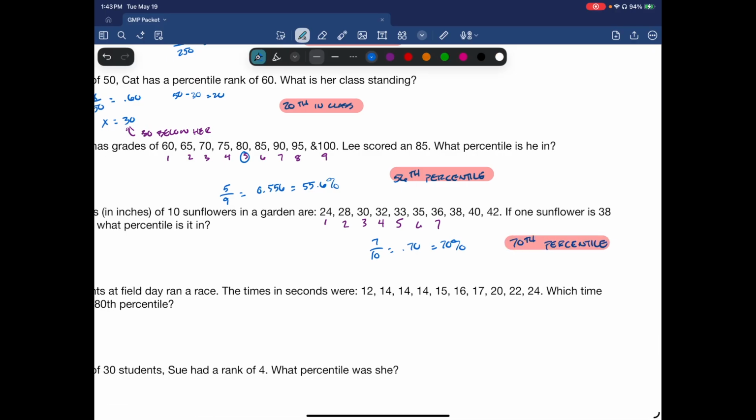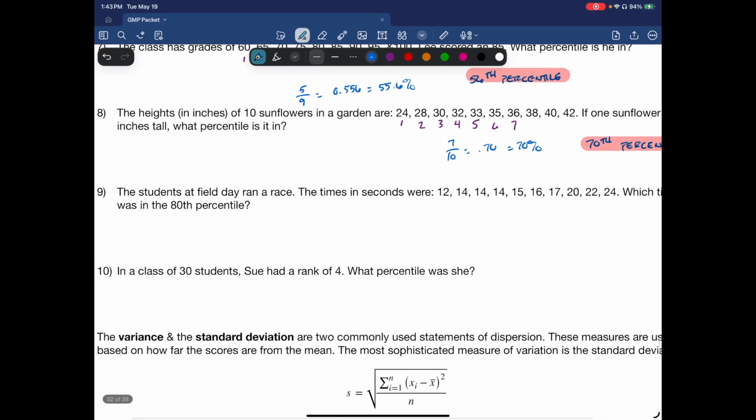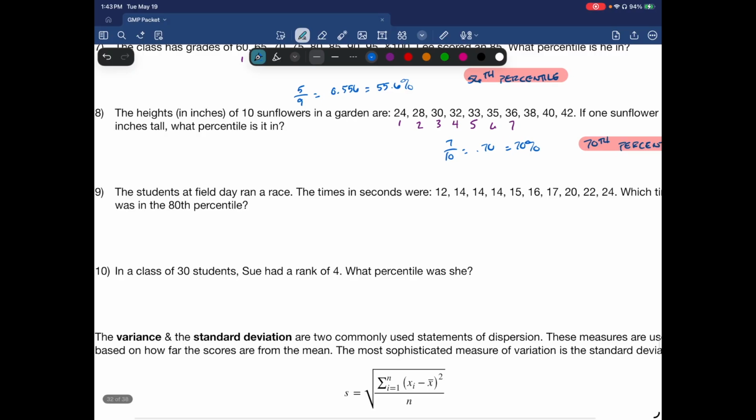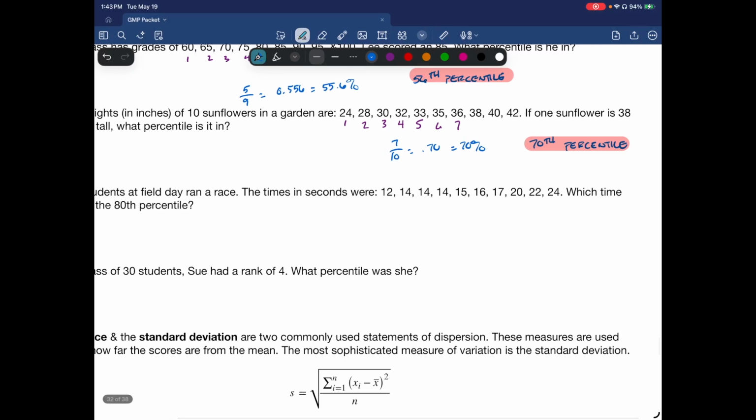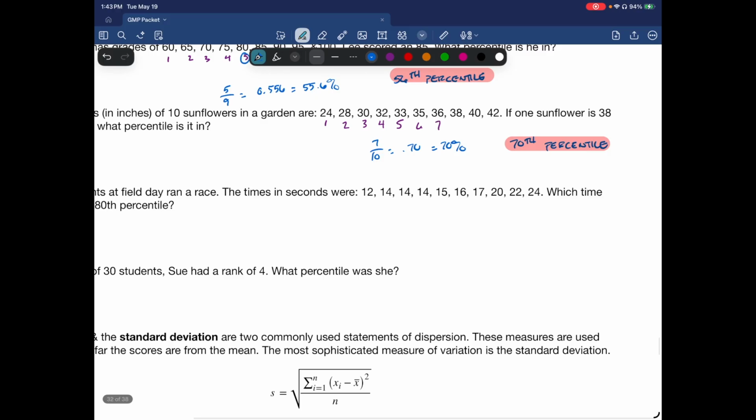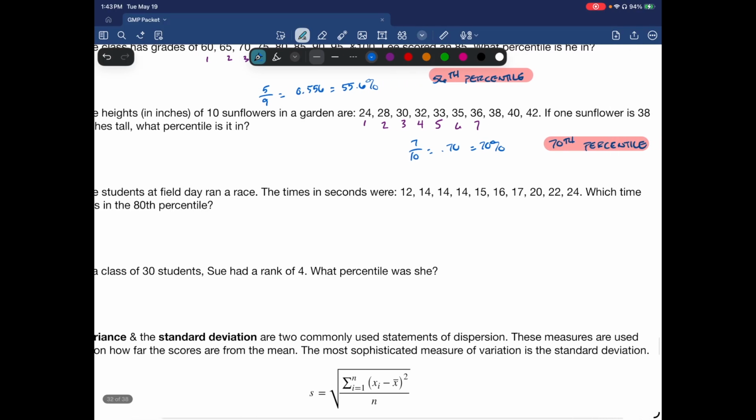All right. The students in a field day ran a race. The times in seconds were 12, 14, 14, 14, 15, 16, 17, 20, 22, and 24. Which time was in the 80th percentile? So we have 10 times, so this should be pretty straightforward. 22 would be in the 80th percentile because there are 8 below it.